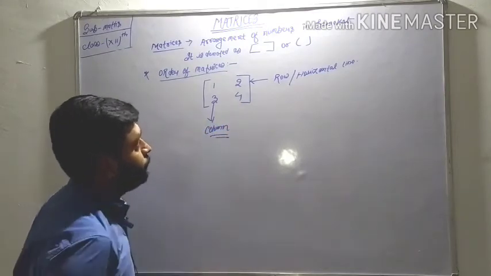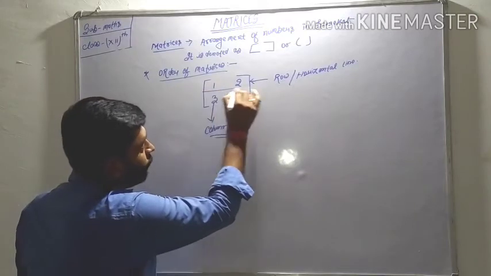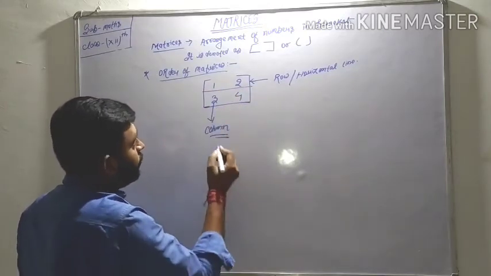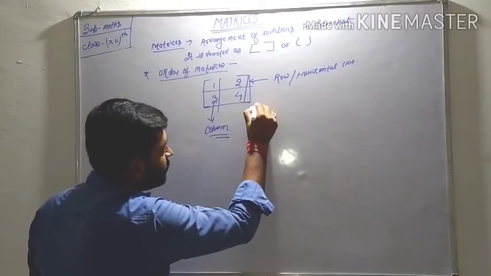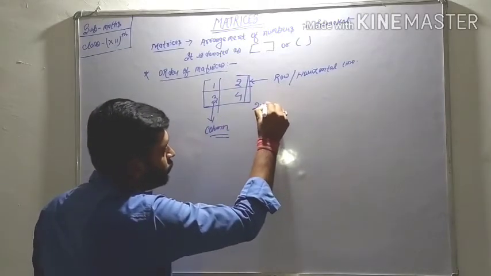And this is called a column. Now, there is one row and a second row, and one column and a second column. Therefore, it is written as 2 into 2.